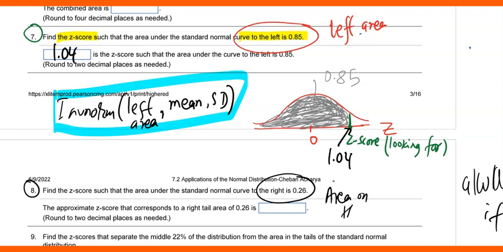The area on the left of that point is going to be 1 minus 0.26, which is 0.74. Then you use this number 0.74 in the function that we just did in question number 7. Basically we are looking for the area on the left of that point, and put it in that function, invNorm.